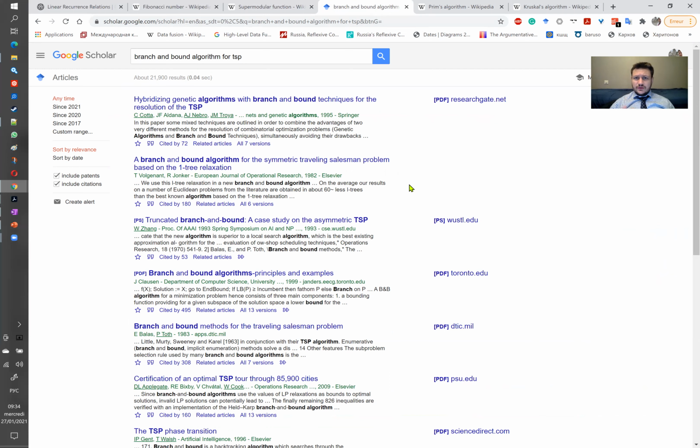It is a well-known branch and bound algorithm. It is not a new one, but as you can see, in Google, the most cited articles are rather old, like 95 or 93.